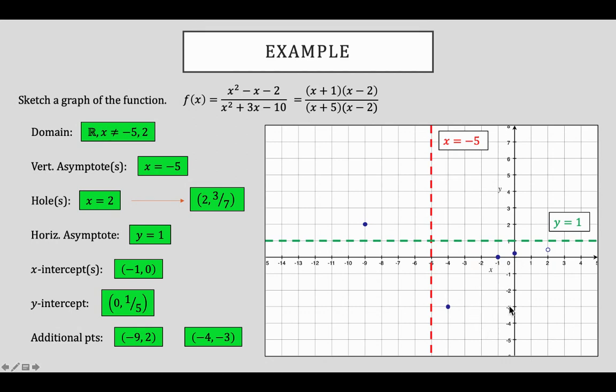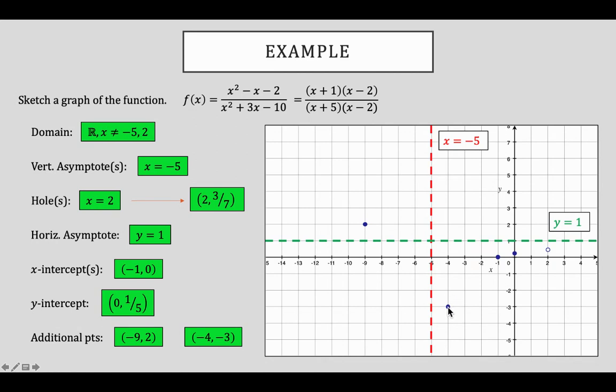So what does my graph have to do in this region? Well, as my graph goes to the left of this point and approaches this vertical asymptote, again, my only options are to go up or down. Because there is no x-intercept here, that means my graph must go down towards -infinity as it approaches this vertical asymptote.